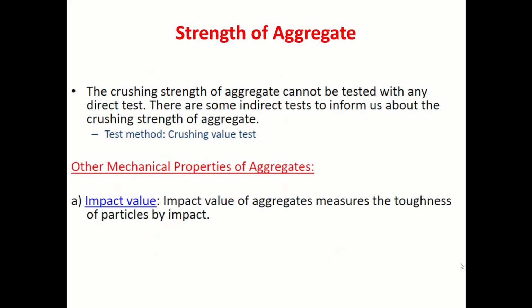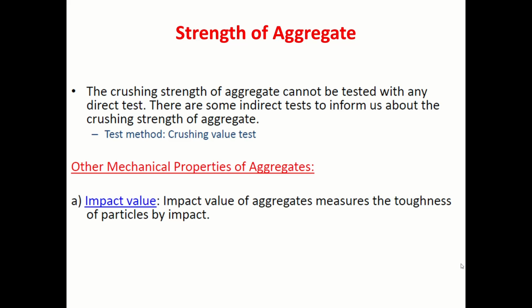Now, let us talk about the strength of aggregate. The crushing strength of aggregate cannot be tested directly. So there are indirect tests that can inform us about the crushing strength of the aggregate.